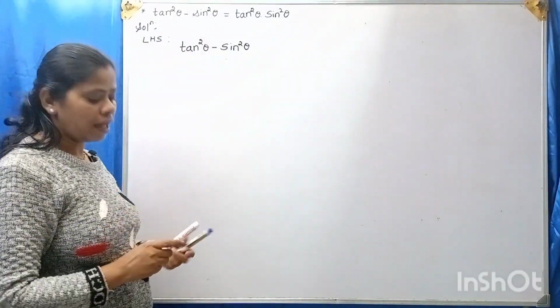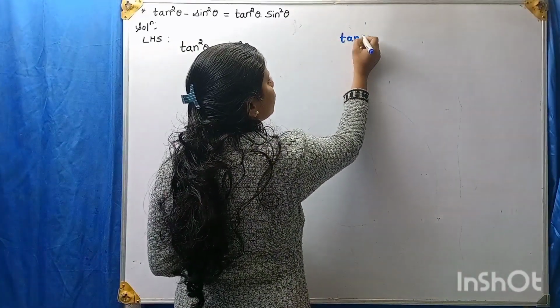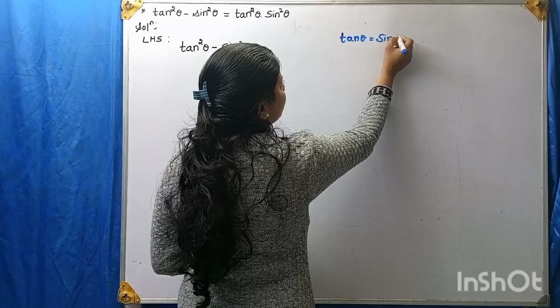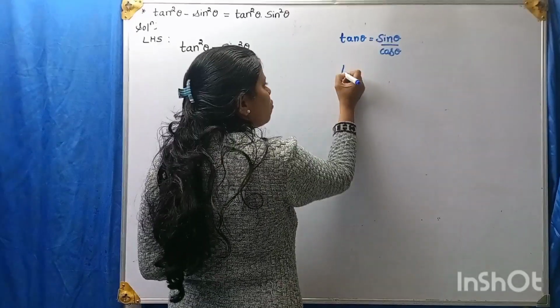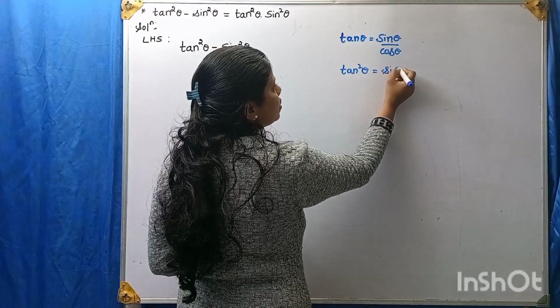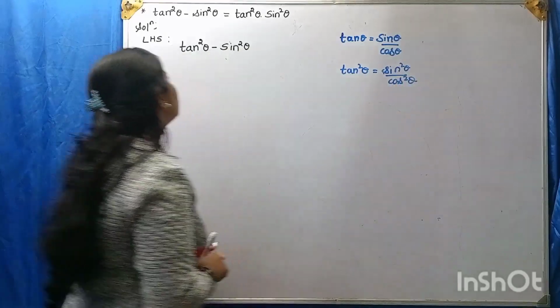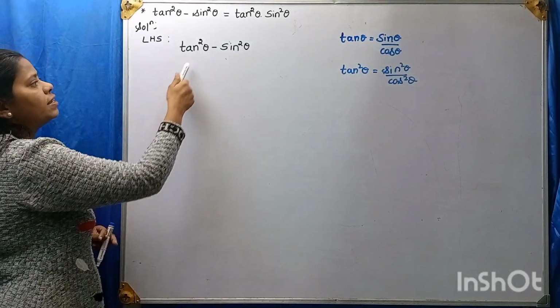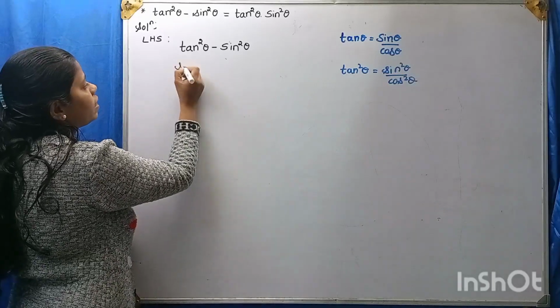We know that tan theta is equal to sin theta by cos theta, right? Therefore tan square theta, what it will become? Sin square theta divided by cos square theta, right? So, this tan square theta, I will write it as sin square theta divided by cos square theta.